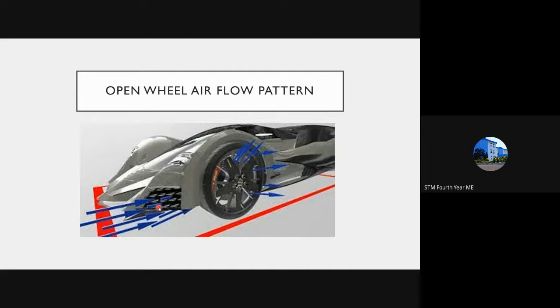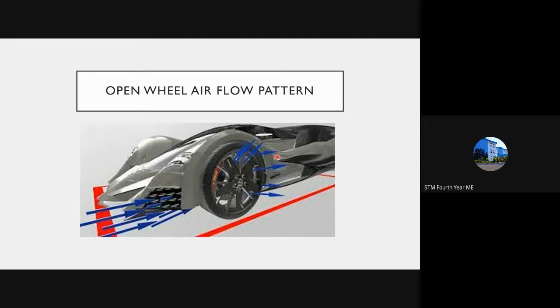You have to send the majority of the air encountering the front smoothly to the sides without restriction, rather than underneath the car. If you send it underneath the car, a region of high pressure will always be there and lift will occur. To reduce that, we are providing open wheels.